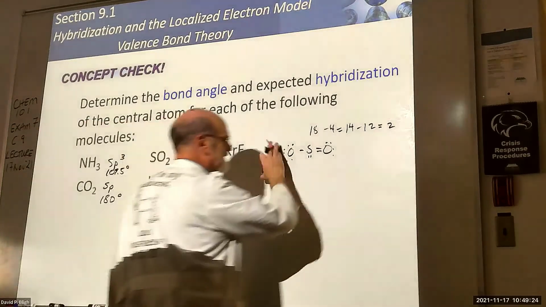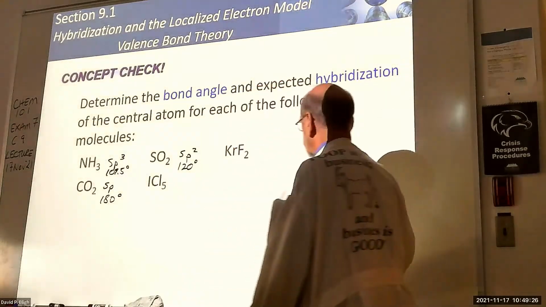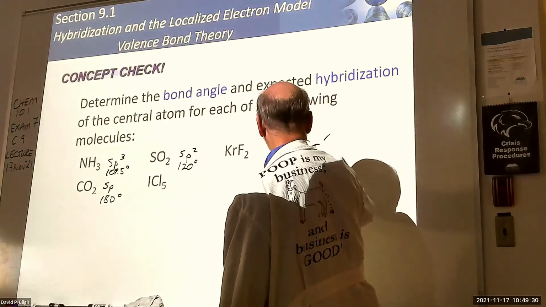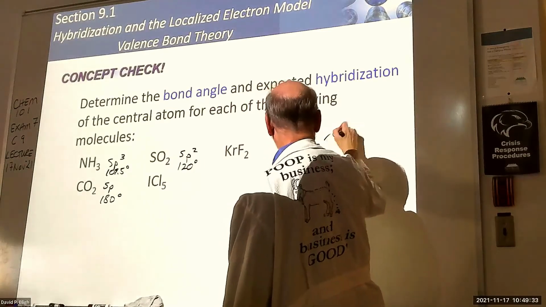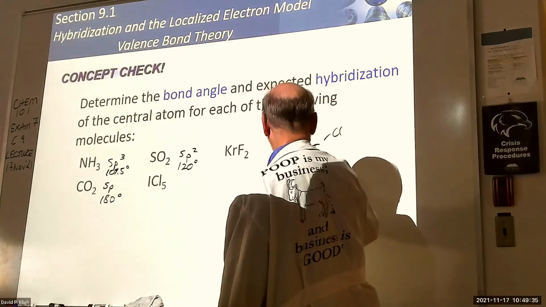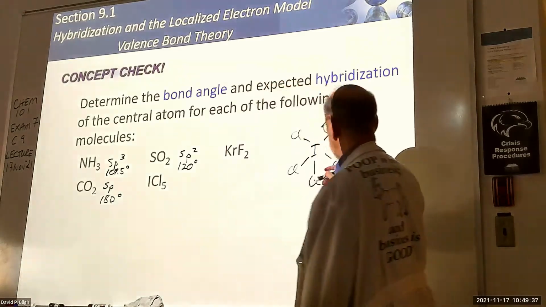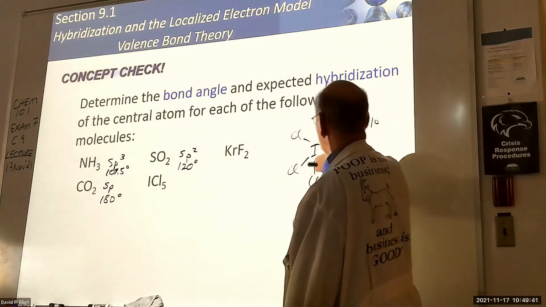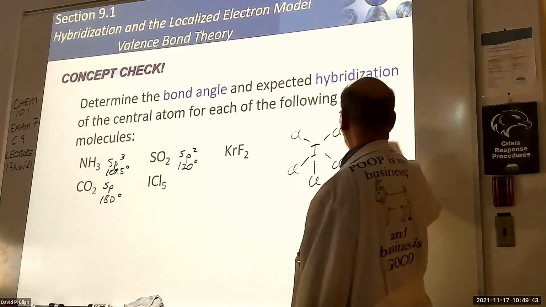All right, how about ICl5? Okay, I, 1, 2, 3, 4, 5. 2, 4, 6, 8, 10. Oh, 6 times 7 is 42.